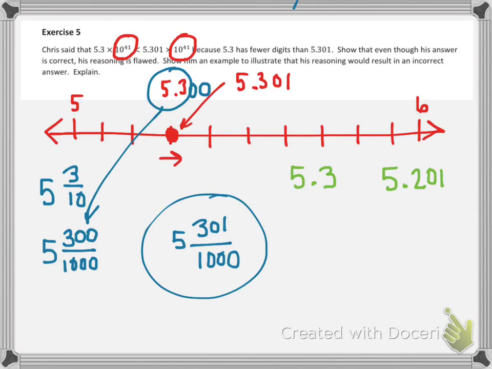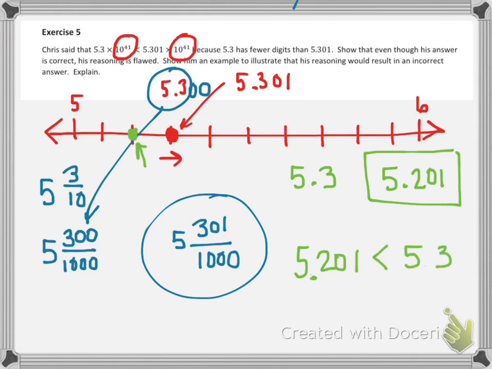Well, 5.201 is going to be a little bit greater than 5.2, somewhere right in there. So now the one with the most digits is actually going to be smaller. I would say 5.201 is less than 5.3. So Chris's logic in saying that 5.3 has fewer digits, so it's going to be smaller, doesn't hold. This would be a counterexample to show that that's not true.